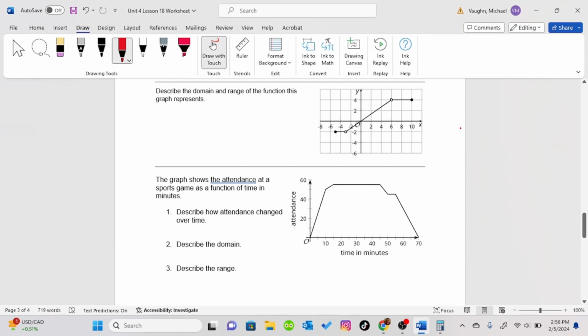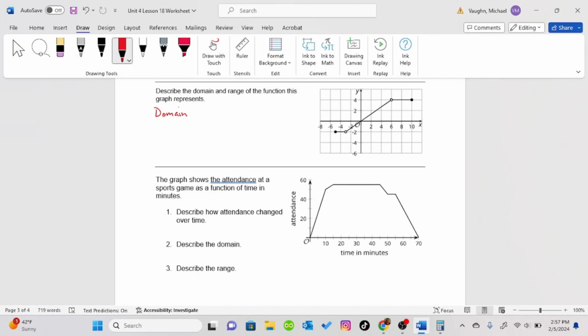Describe the domain and range of the function this graph represents. So our domain represents the x values.